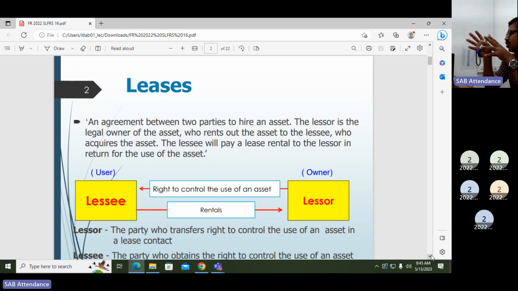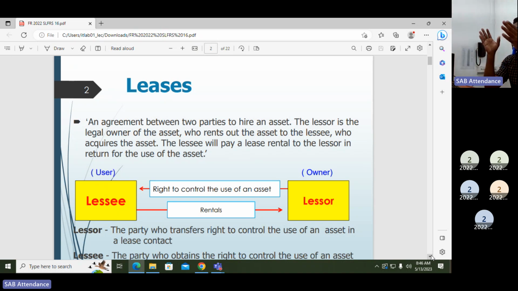One party is the lessor, the other party is the lessee. The lessor is the legal owner of the asset, who rents that asset to the lessee. Then the lessee becomes the user of the asset. So the lessee pays lease rental to the lessor in return for use of the asset.